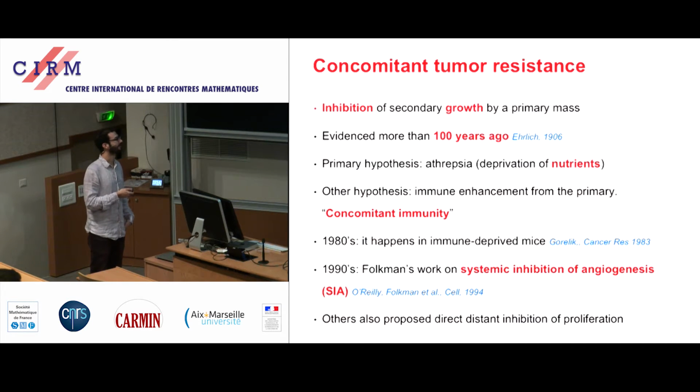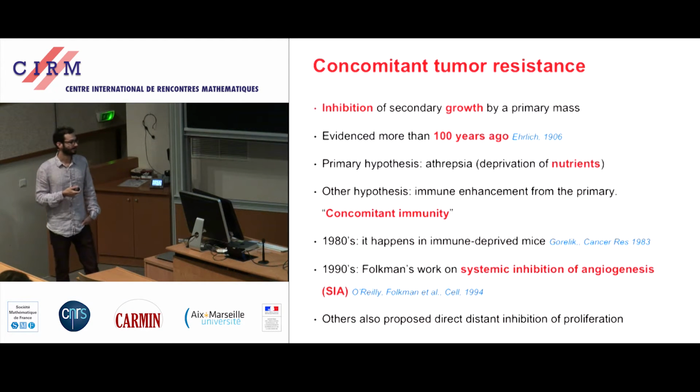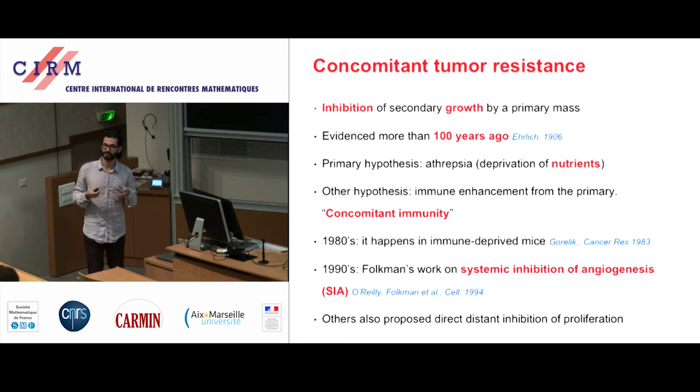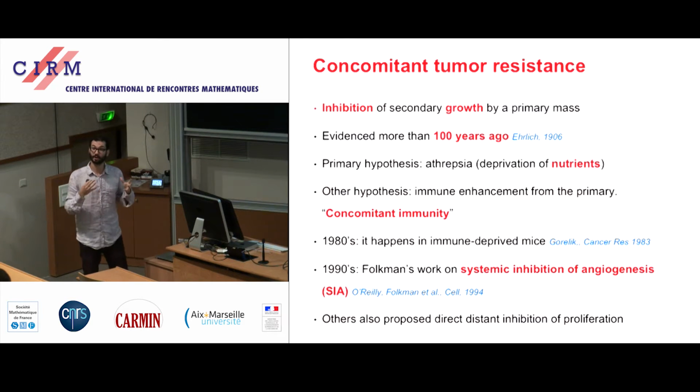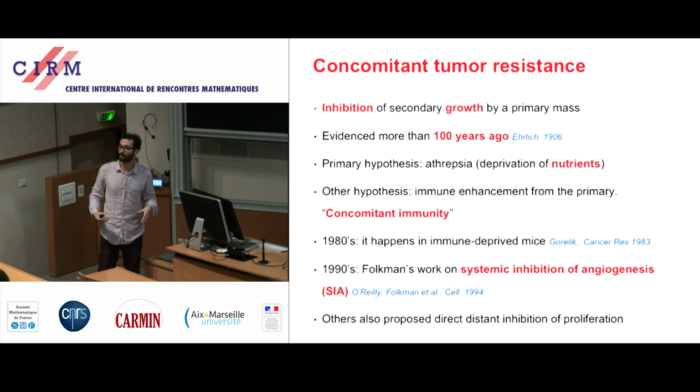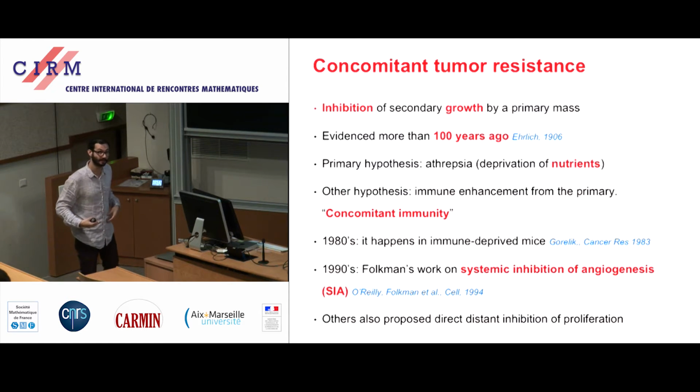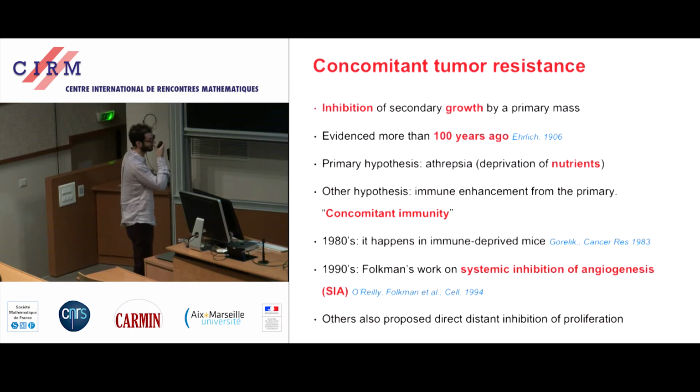In this paper in 1994, they discovered some endogenous inhibitors of angiogenesis, which are molecules produced by the primary tumor itself that are able to inhibit angiogenesis locally, but also distantly. So maybe this inhibition of a secondary growth could be due to the release of these inhibitors that would go systemically and inhibit the secondary tumors.